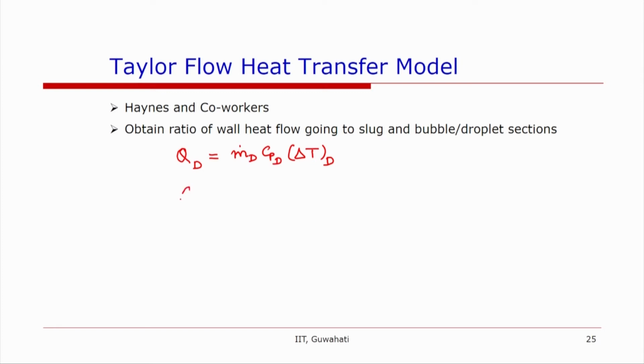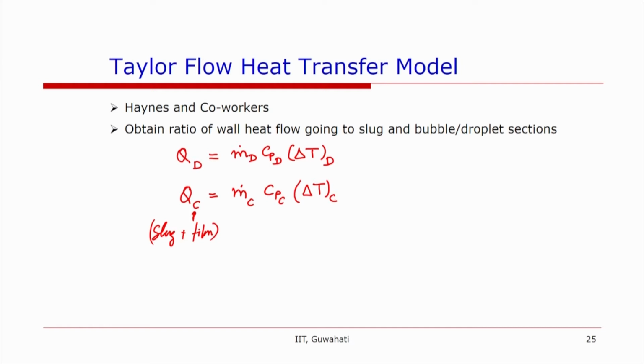Similarly, the Q for the slug will be equal to m dot slug Cp slug, or we can say, because rather than the slug, what we are looking at here is the continuous phase, which is slug plus the film. So, Q c is m dot c Cp c delta T of the continuous phase.